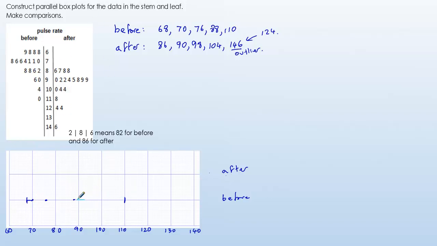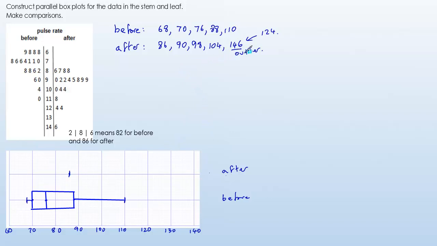I'll just get my straight line tool out so I can draw a nice straight box. And then the median goes across the middle like that. So that's the before. And then the after, so we start at 86, which is about here.